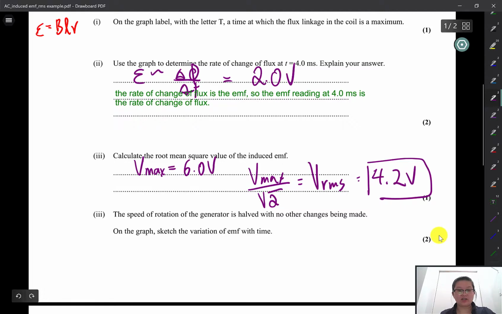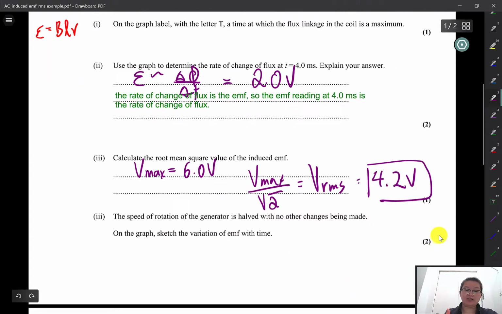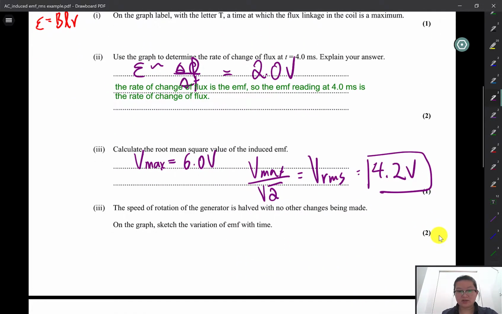Next one, question 3. The speed of rotation of the generator is halved with no other changes made. So this spinning coil is going to slow down. If it's going to be halved, it means that each cycle is going to be longer, which means the period is going to go up. In fact, it's going to be multiplied by 2.